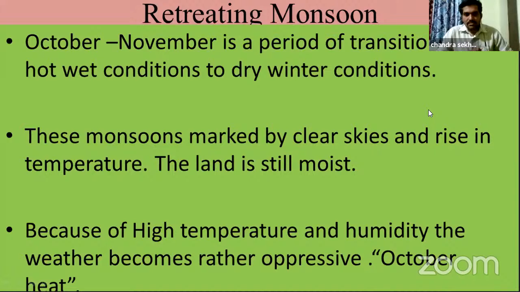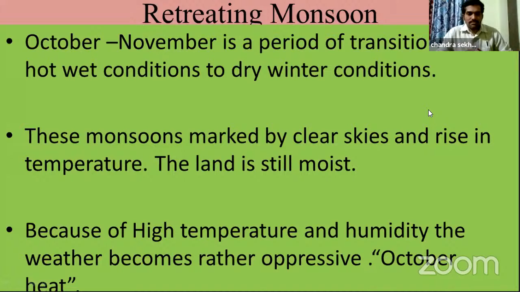These monsoons are marked by clear skies and a rise in temperatures. In October and November, the temperatures rise slowly. The land is still moist because of the southwest monsoon rainfall. Because of high temperature and humidity, the weather becomes rather oppressive.